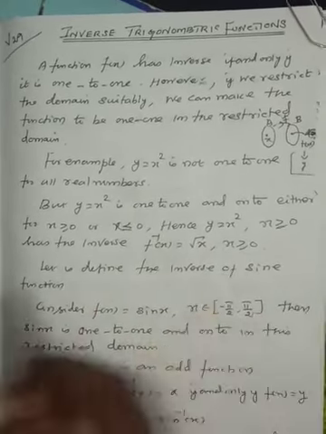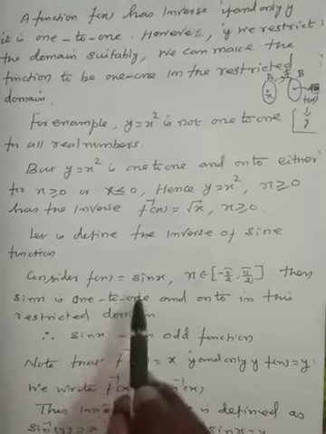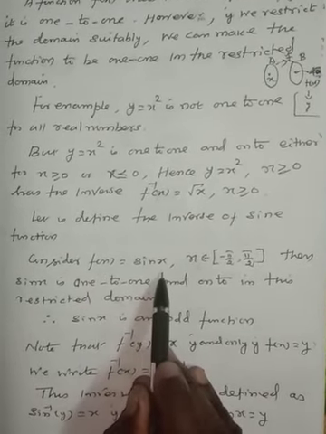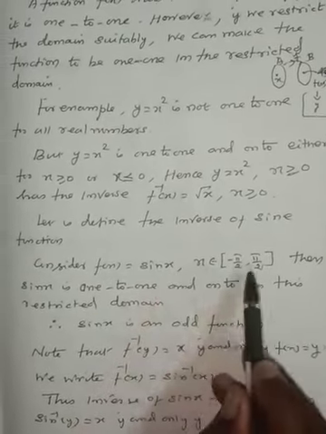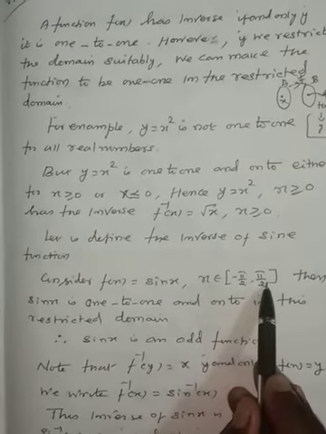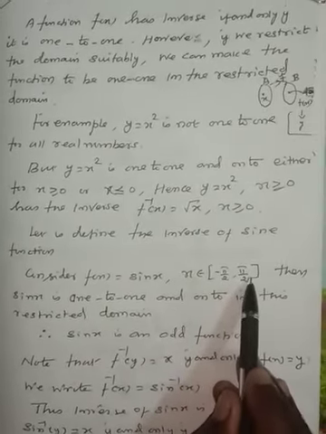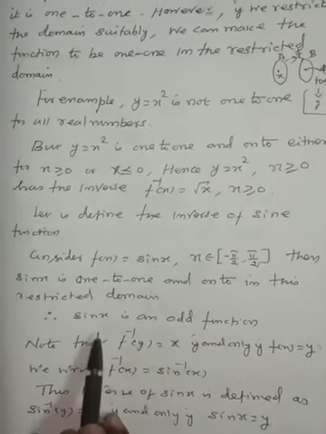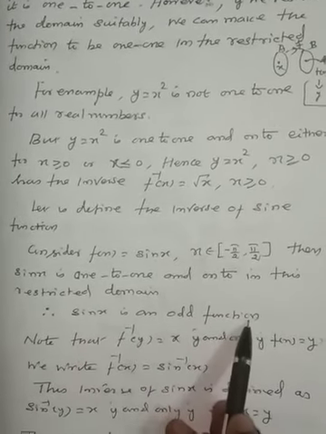Let us define the inverse of the sine function. Consider the function f of x is equal to sine x, where x varies over the closed interval minus pi by 2 to pi by 2. Then sine x is one-to-one and onto in this restricted domain. Now sine x is an odd function.